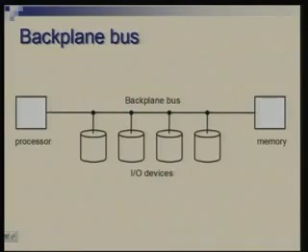Let me illustrate some of these ideas. Here is an example of a backplane bus where you have processor, memory, and various devices all connecting to the same bus. Here I am not showing the device and the controller separately. It's a complete subsystem shown as a single box.